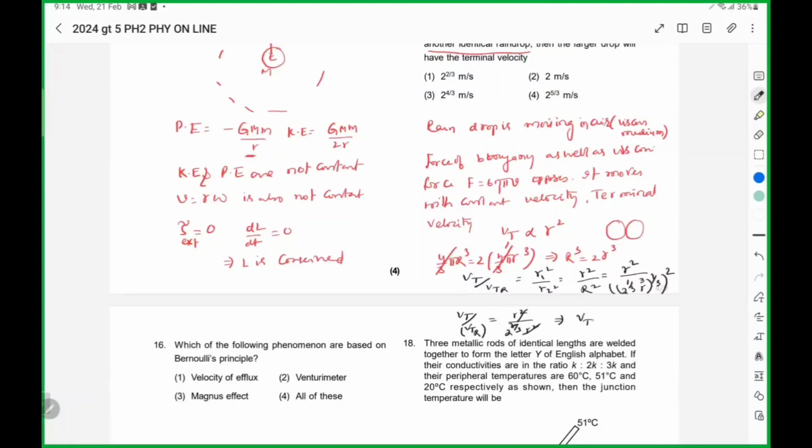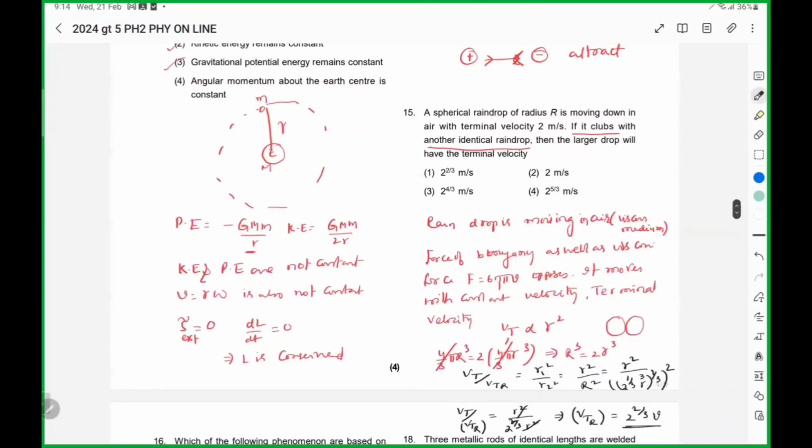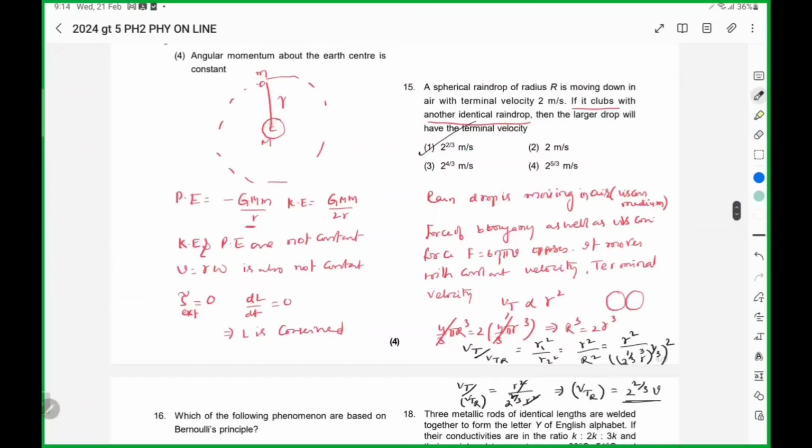So the terminal velocity of the bigger drop is 2 power 2 by 3 times the terminal velocity of the smaller drop. The first option is correct.